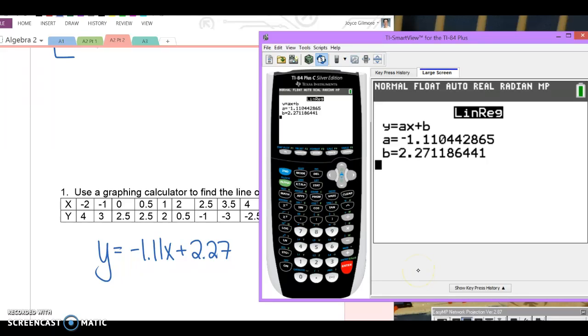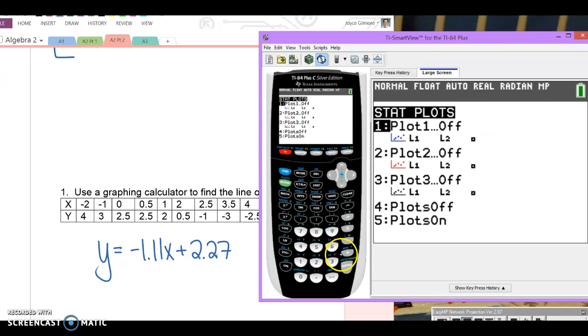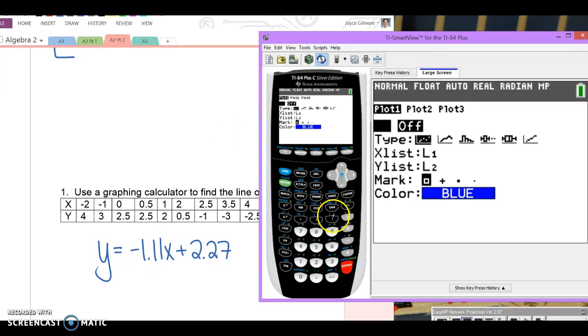Okay, now I'm not going to show you every single step for this, but I do want you to see this at least once. You are not going to have to do this for your assignment, but there is a way to make this calculator show you the scatter plot. So all I'm doing here is turning on the scatter plot.